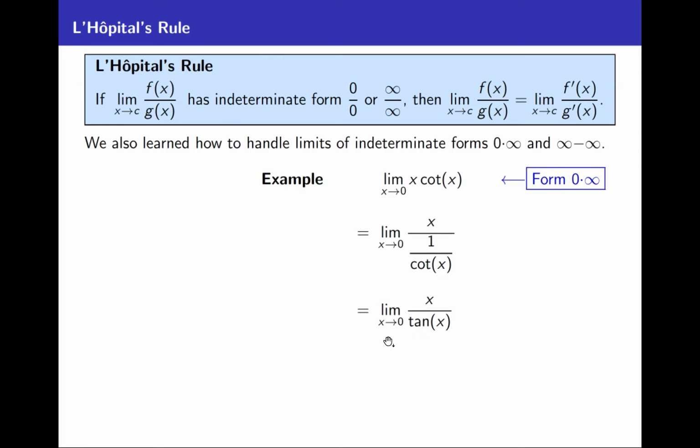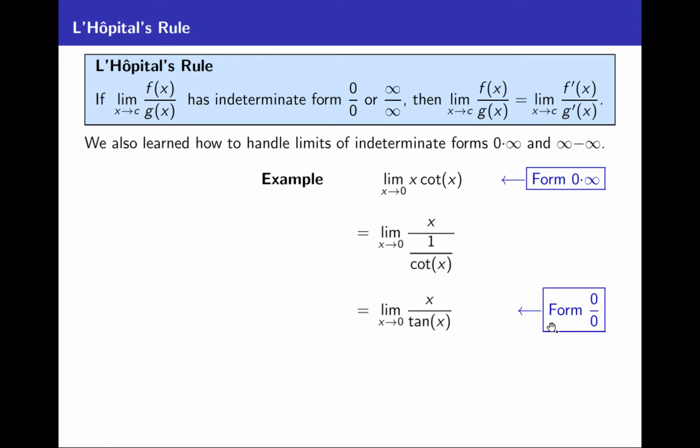So we have the limit now as x goes to 0 of x over tangent x. So as x approaches 0, the numerator goes to 0, and also the denominator tangent of x approaches 0 as well. So this limit has form 0 over 0. So we've converted infinity times 0 up here to 0 over 0 here.